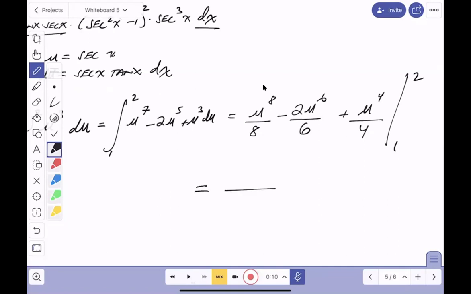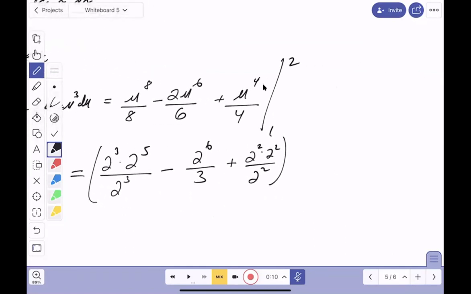Let's put this down. Let's see, 8 is 2 cubed, right? So what do I get on top? I would get 2 to the 8th, which is 2 cubed, 2^5. We'll do that later. What do you get over here? Well, this would be 3, right? And there would be 2 to the 6th. Again, I'll do it later. And then what this is going to be? It would be 2 squared times 2 squared over 2 squared. And again, I'll do that later.